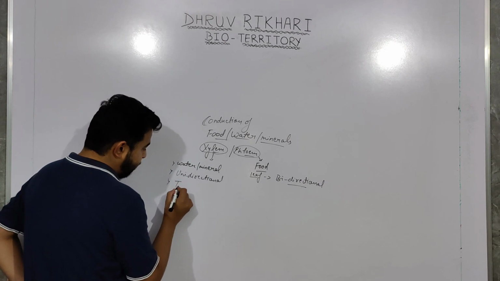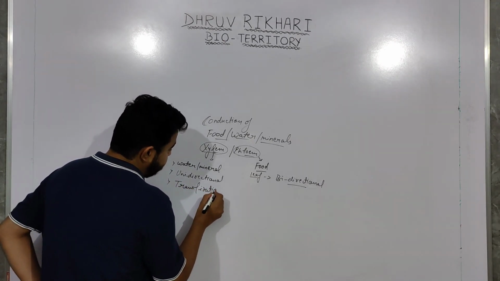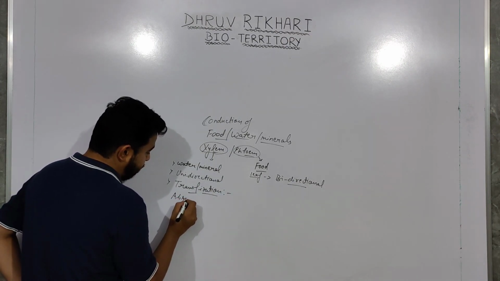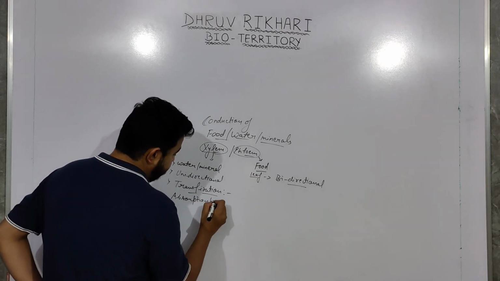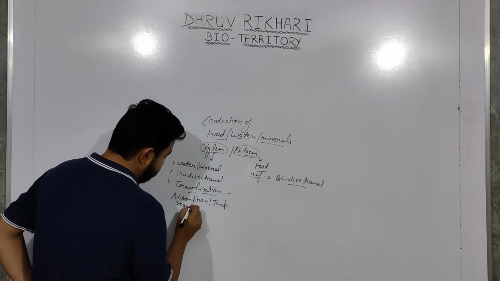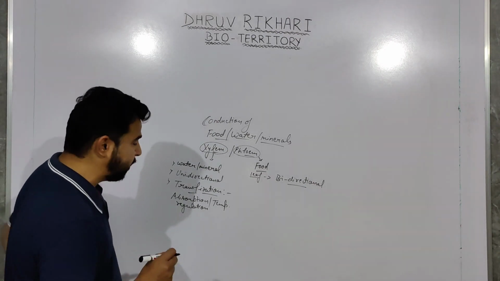Here we will understand transpiration. Now transpiration is basically the process which is helping in absorption, and along with that it is also helping in temperature regulation. So what is happening here in case of transpiration?